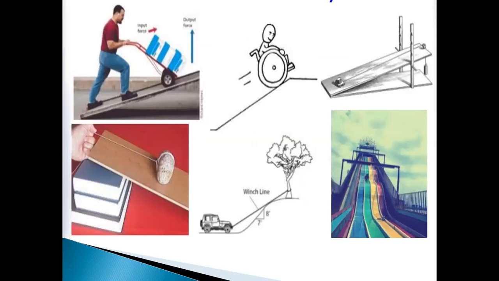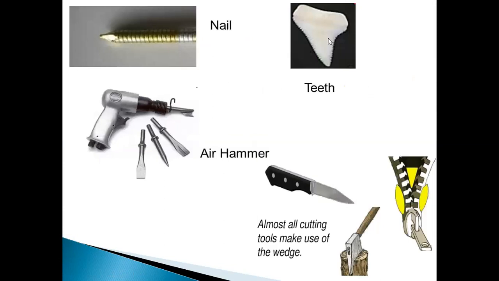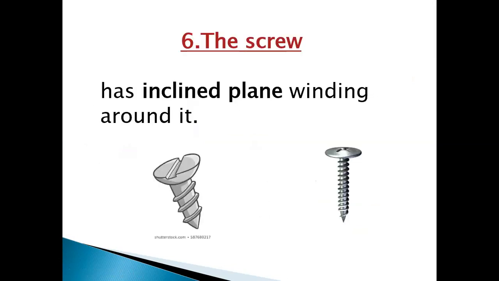So it's using push and pull. The wedge, for example, our teeth: you are pushing your food under your teeth so as to eat. And also the knife, you are doing push and pull. Okay? So every simple machine is using push and pull force.